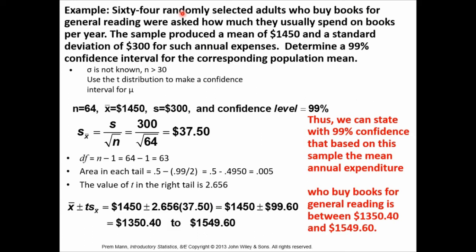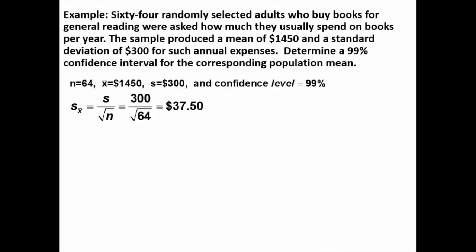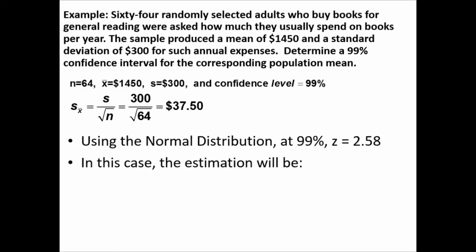So let's assume that we follow what those guys are saying here. We're going to repeat this example again, but this time using the normal distribution approach. And as you recall, at 99%, which is the confidence level we're establishing here, the z-value was 2.58.